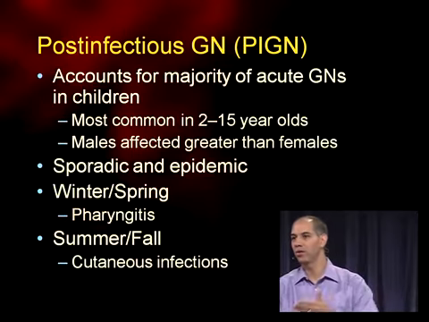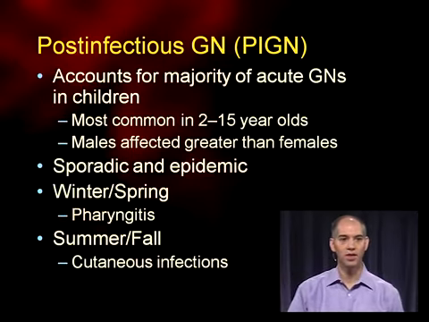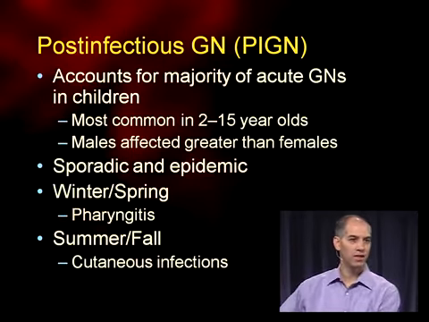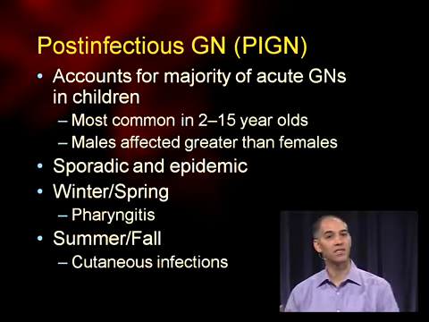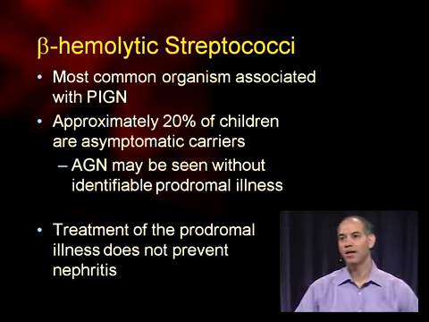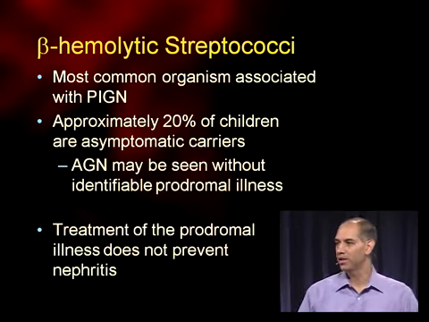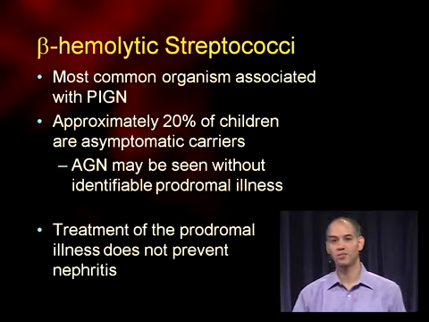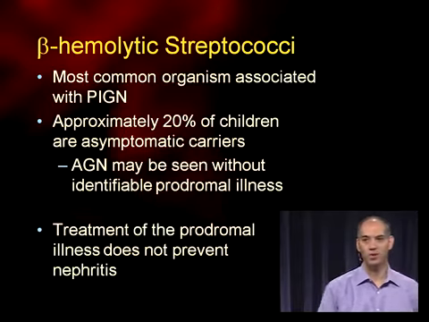Kids get strep throat, and then a few weeks later they'll come down with GN. This time of year, when kids are out digging in the dirt, they get impetigo, a skin-related infection. As I mentioned, it's usually a beta hemolytic strep that causes the post-infectious GN, but it's not only beta hemolytic strep, which is why I introduce it as post-infectious and not post-streptococcal GN.